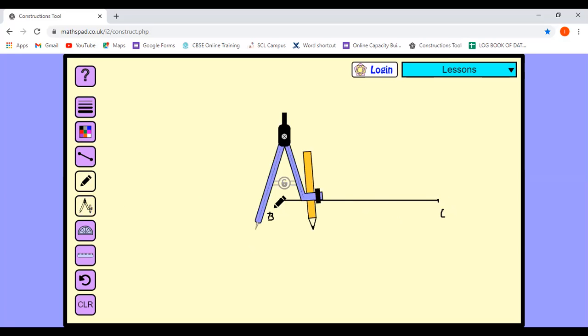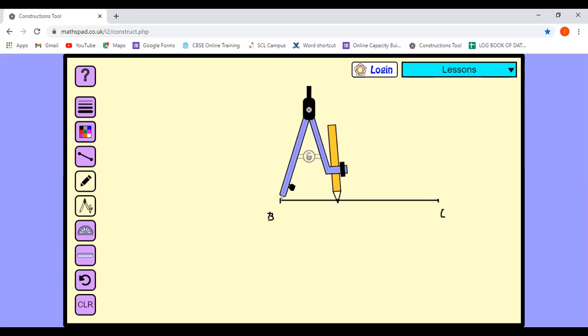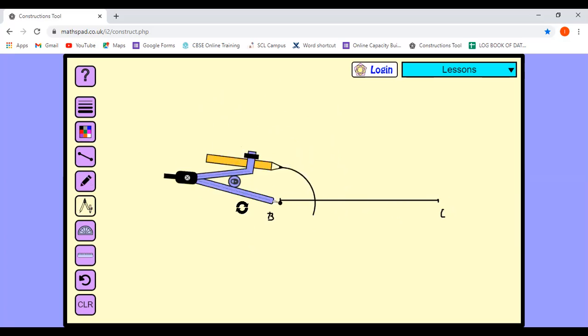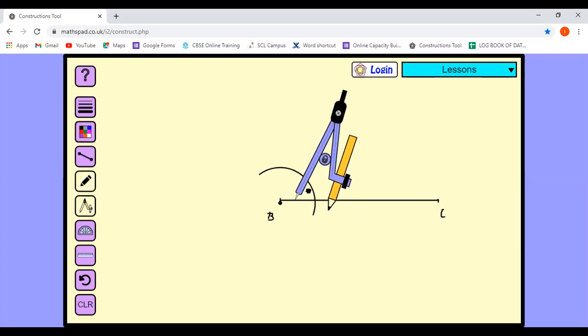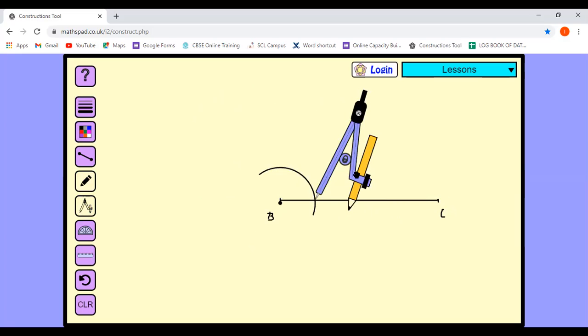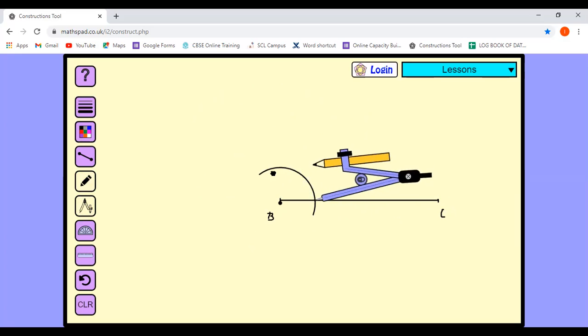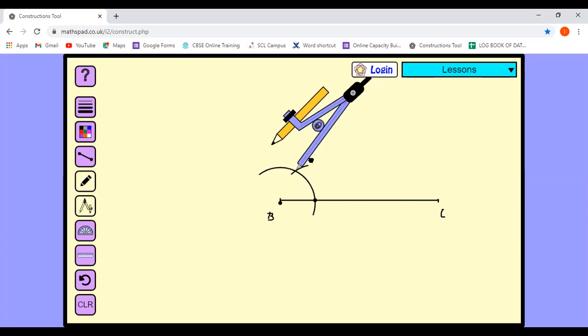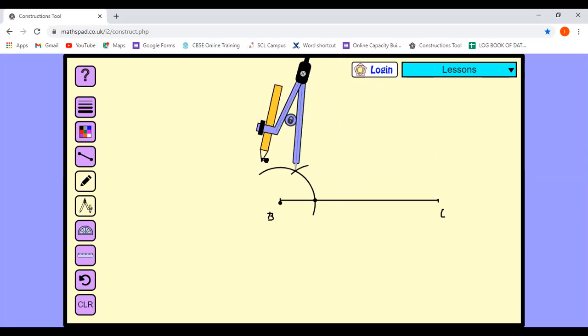You already know how to construct 90 degree, don't you? So let's take the compass. Take a suitable radius arc. We are going to cut the arc and from this point we'll make the arc again from the previous arc.